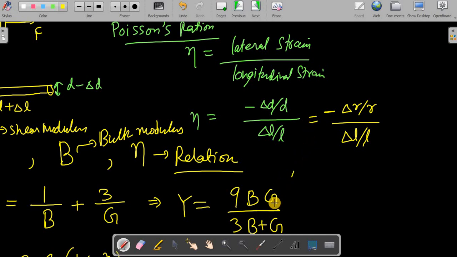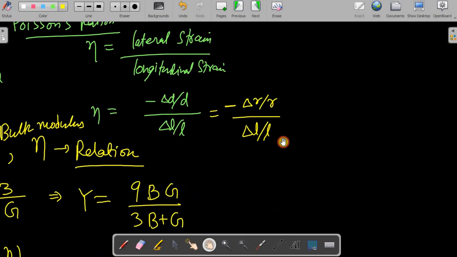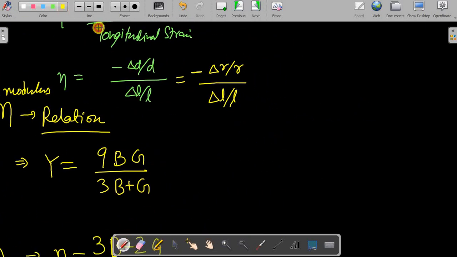Also note the values of Poisson's ratio for some materials. There is a limit for Poisson's ratio. The theoretical value lies between -1 and 0.5. It will be greater than -1 and less than this; equality can also hold.